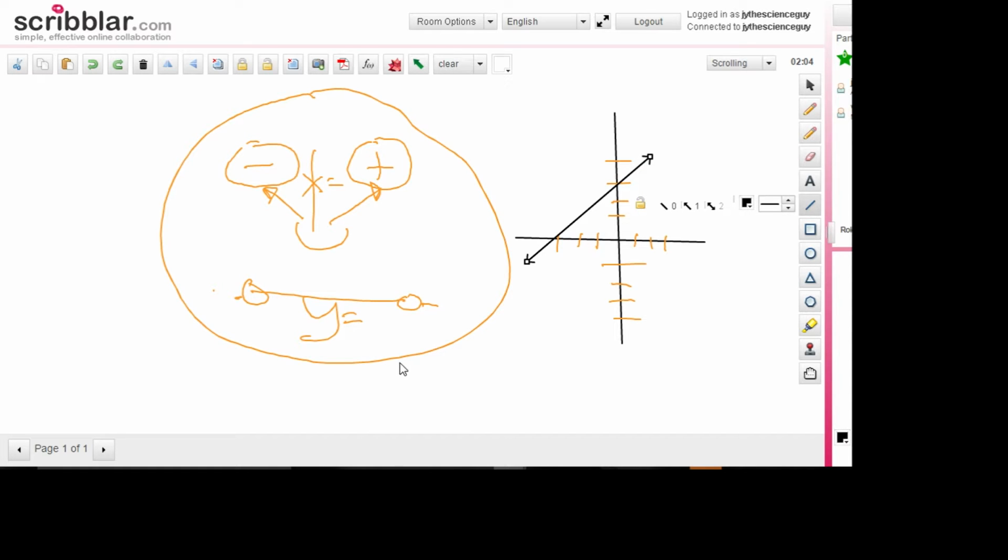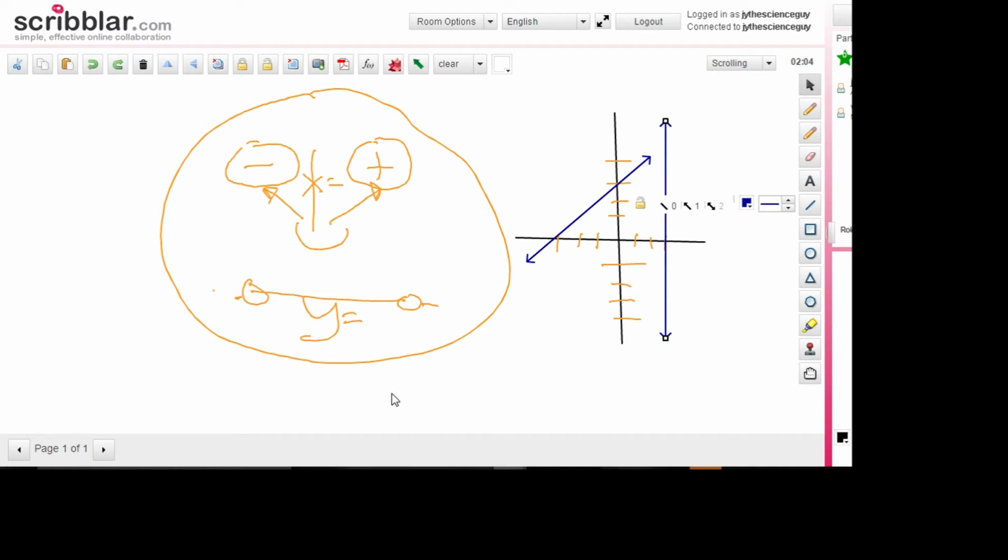So that's my first line. What kind of slope does it have? It's a positive slope. I'm going to draw another line in a different color, and I'm going to just slide it over.